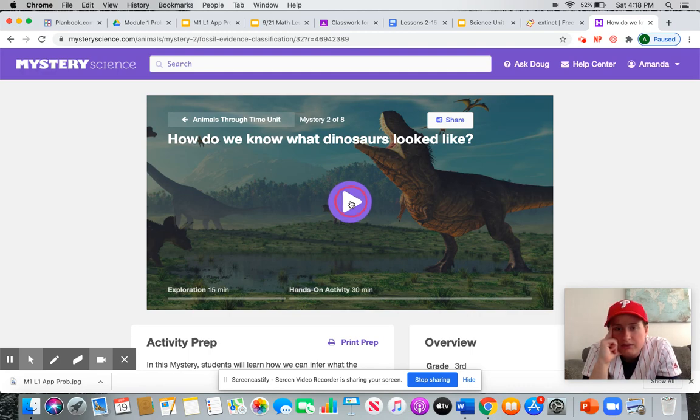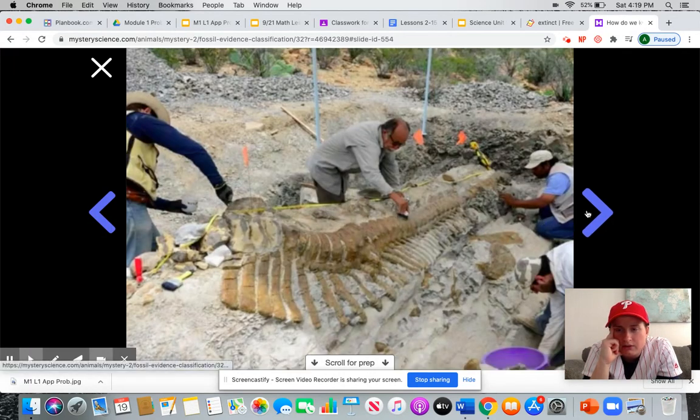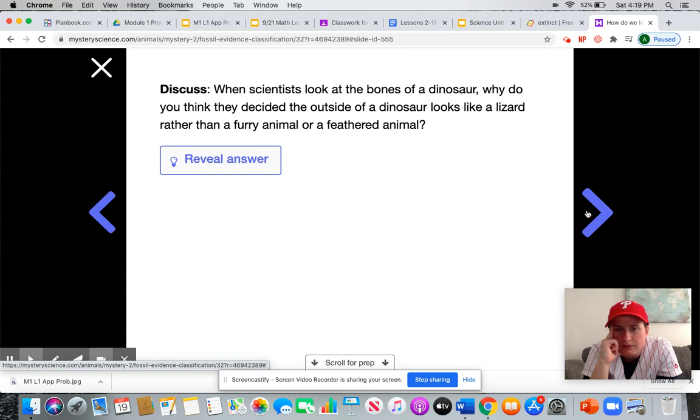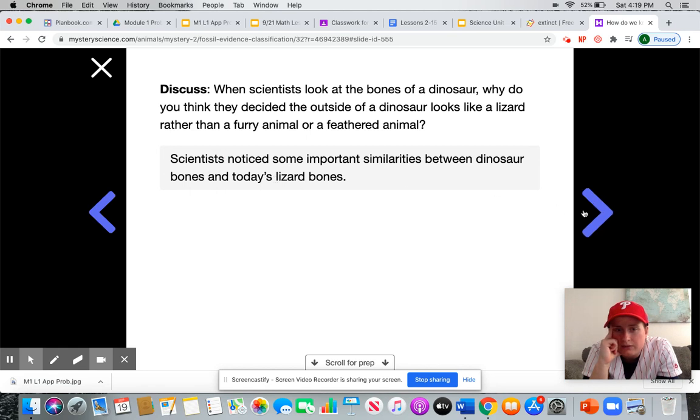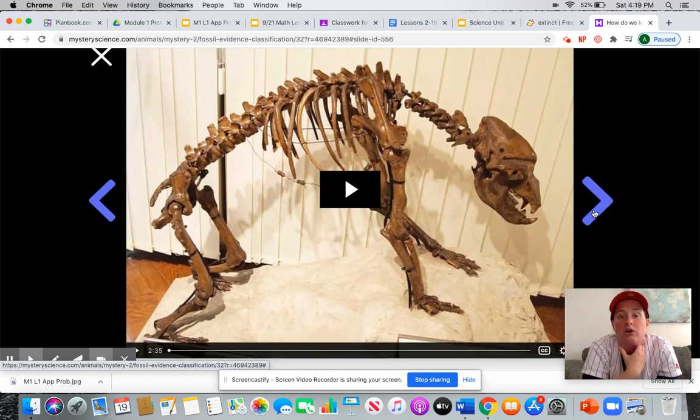Because no humans were alive when dinosaurs were alive. But how come you pretty much always get the same or something that looks similar? So when scientists looked at the bones of dinosaurs, they noticed they looked like lizard bones. So that's why a lot of times you'll get drawings of dinosaurs, they look a little like lizards, right?